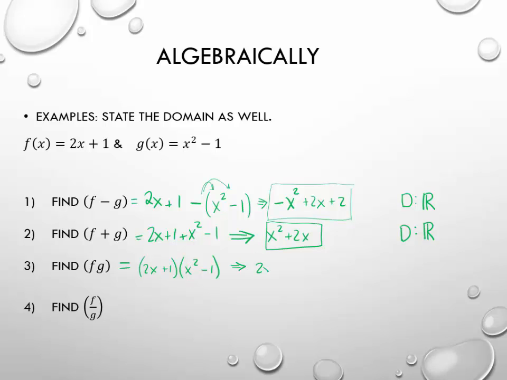We have 2x to the third outside, minus 2x inside, x squared. And last we have negative 1. I'm just going to go ahead and rewrite it. 2x cubed plus x squared minus 2x minus 1.